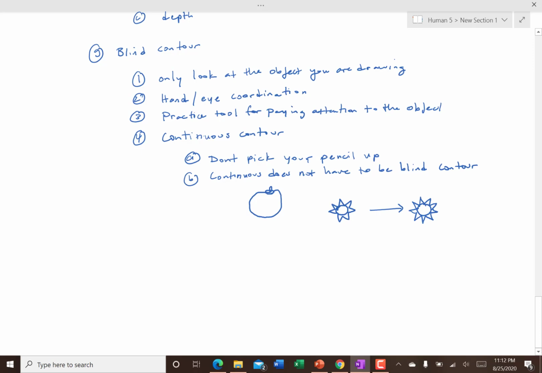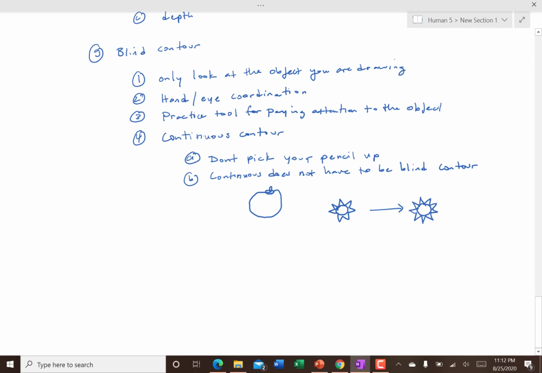Versus where everything is ultimately attached, because it's all one continuous line. But with either of these, it's focused on the outline and the edge and the shape. I'm not doing any shading. I'm not putting in different tones or shades or color. I'm focused on that outline component.